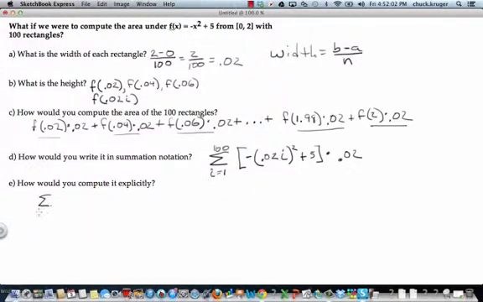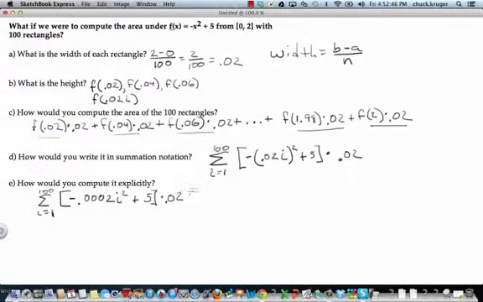So I've got this summation of i equals 1 to 100. I'm going to multiply this out, and I've got these brackets, and I'm going to have a negative 0.0004i squared plus 5, times 0.02.